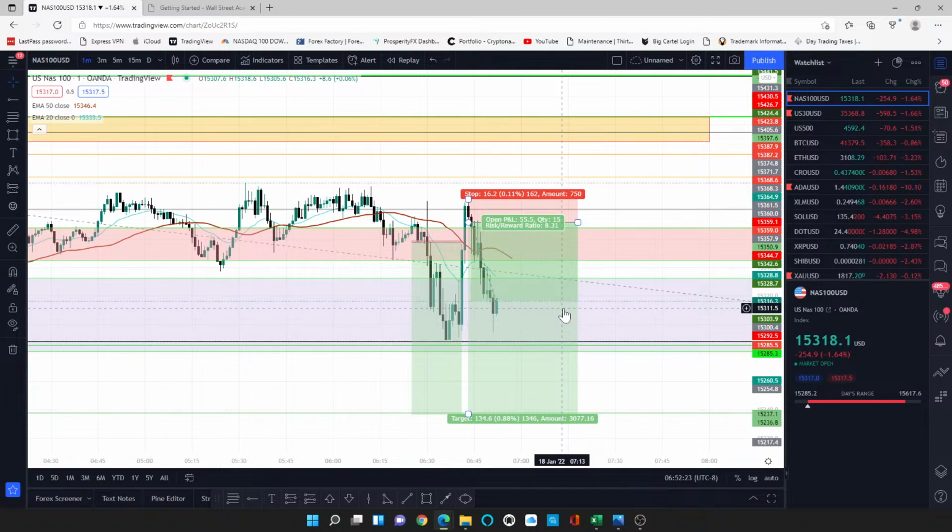We were able to catch about 60 plus pips the first time around. Rejected up, stopped us out at break even. And now it's the same thing here. We're at break even again, but this area right here is getting too much interest.